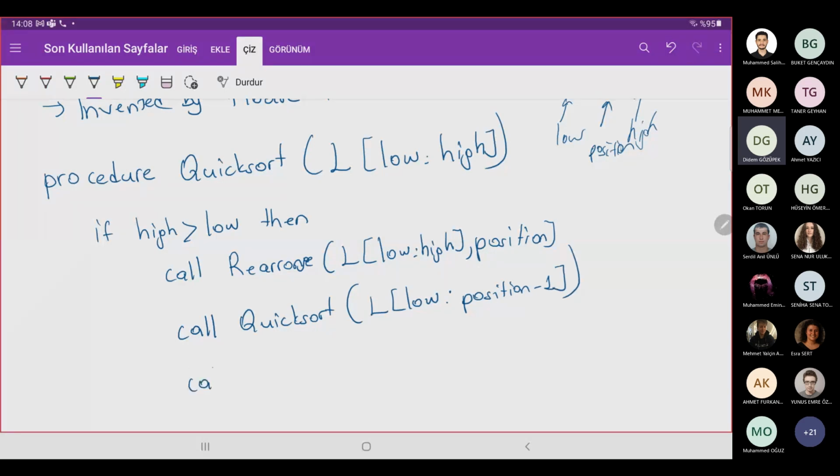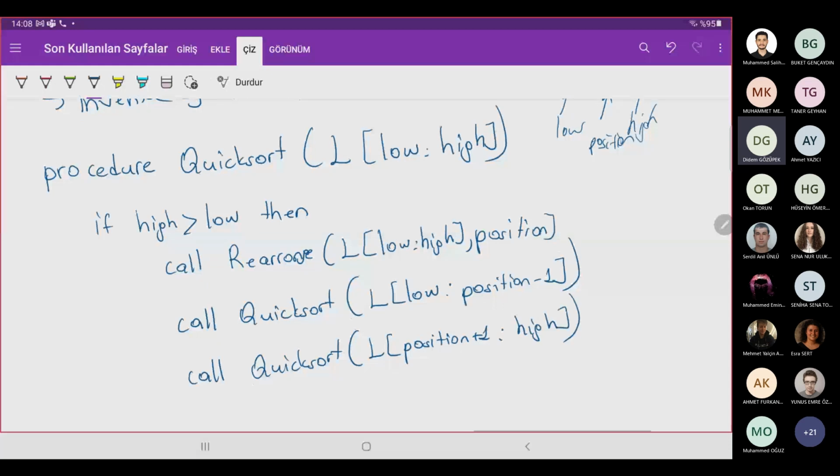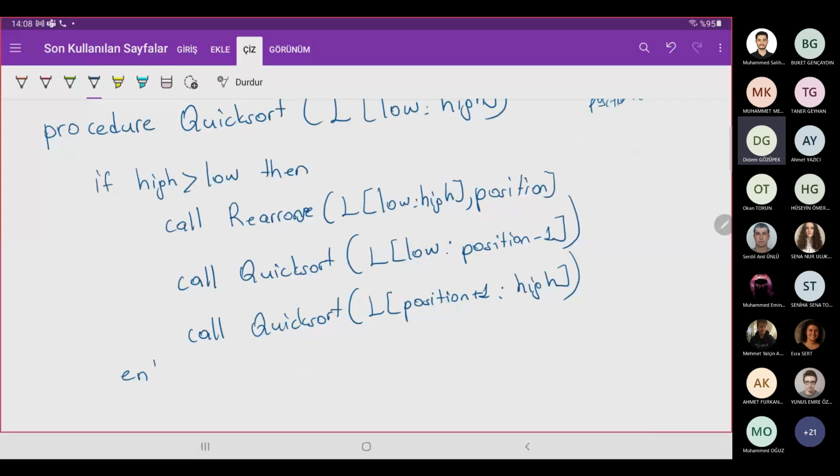And then we call quicksort on L, position +1 to high, okay? And end. Okay.